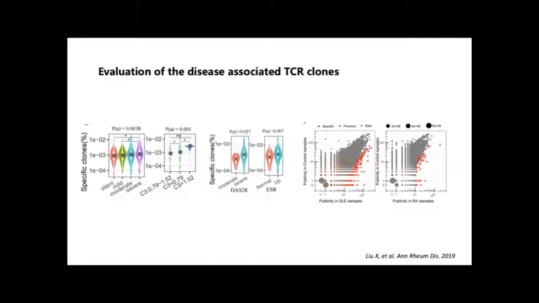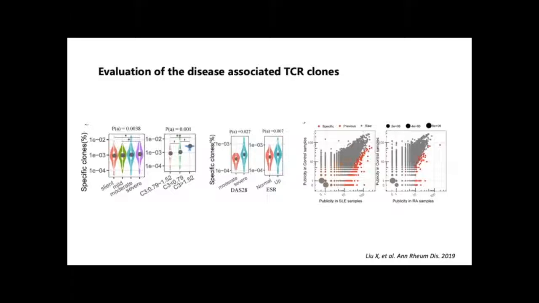We found a very linear correlation between these disease-associated clones and the activity of the disease, as measured by complement 3 in SLE. And for RA, we also identified a correlation between the disease-specific clones and the disease activity measured by DAS28 and the ESR. This gives us a hint that these clones should be correlated with the disease.